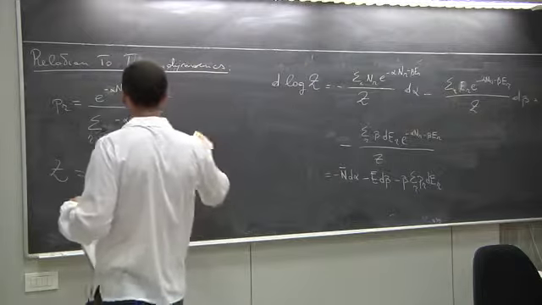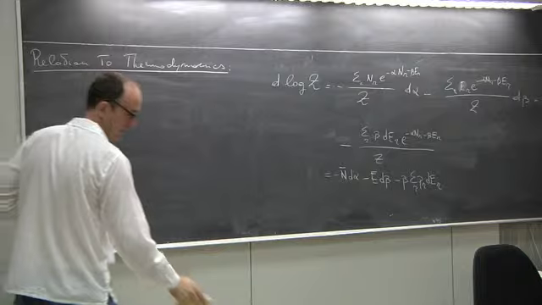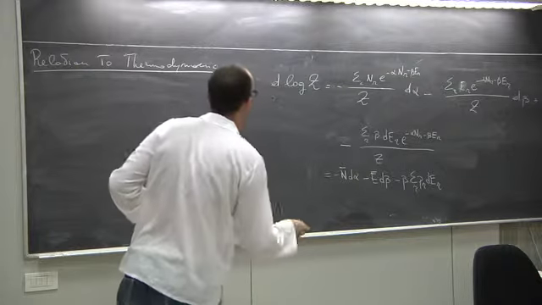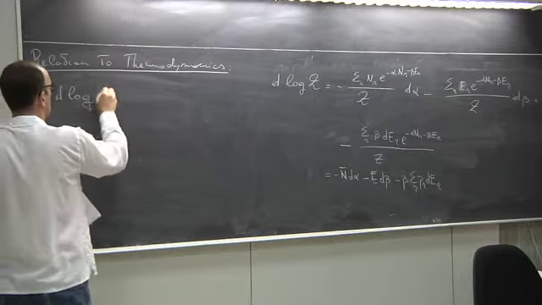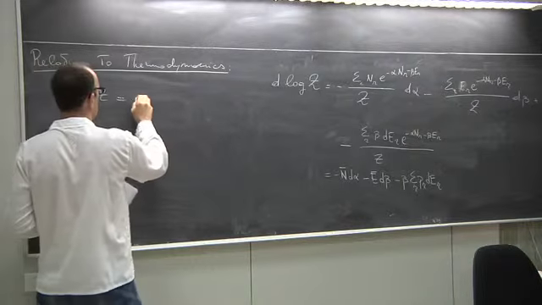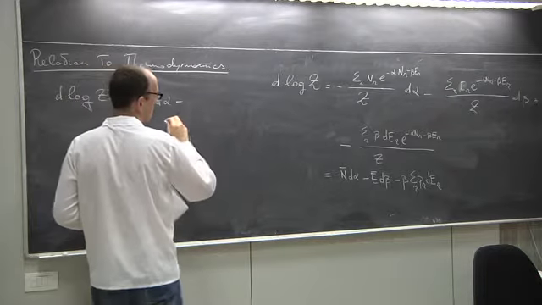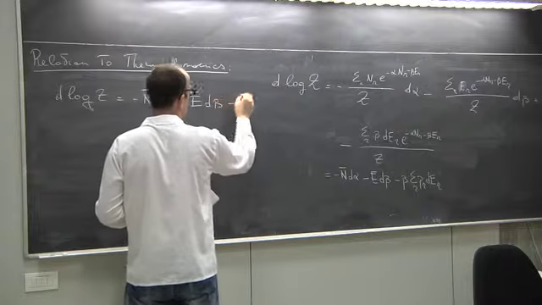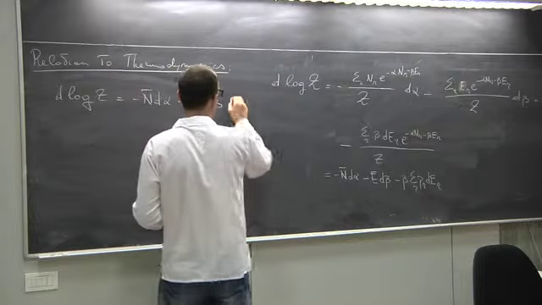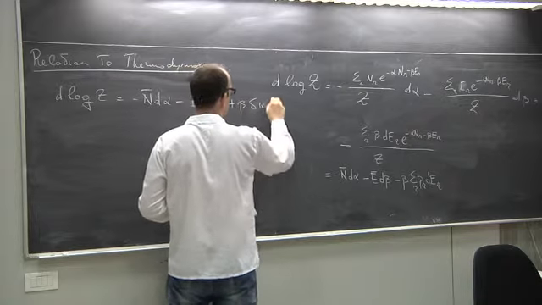Given this, I can write that d log Z is equal to minus N d alpha minus E d beta plus beta times dW.